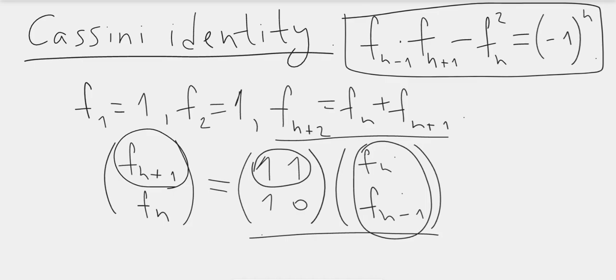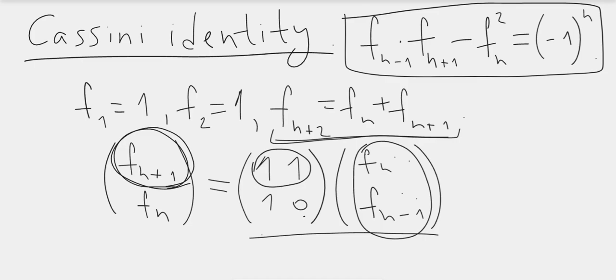This is exactly the recurrent formula with one lower index: f(n+1) is equal to the sum of the two previous terms in the Fibonacci sequence, f(n) and f(n-1). So this is exactly what we get.